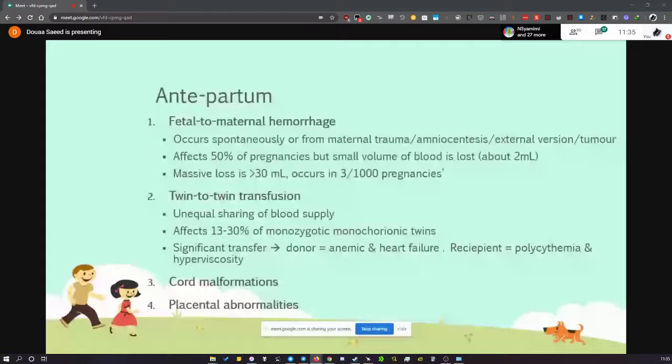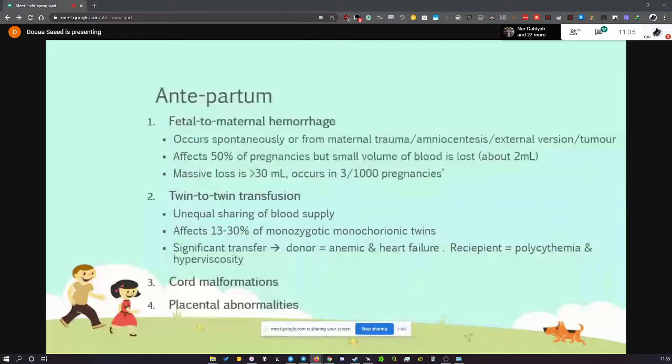Can you hear me? Yes. In what condition does the fetal to maternal hemorrhage occur? Oh, it usually occurs spontaneously, or if there is maternal trauma, or let's say the baby is not lying properly, external version, or if there's a tumor.